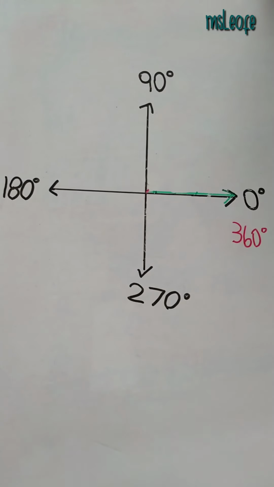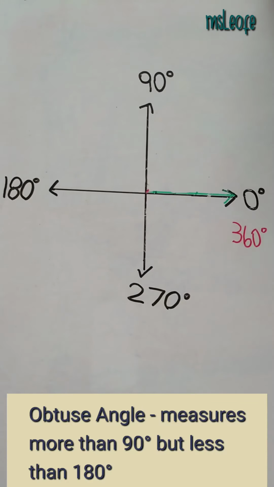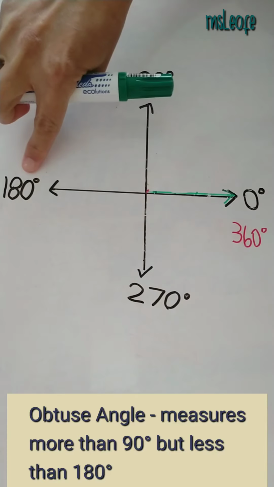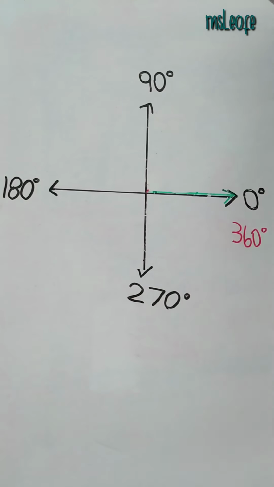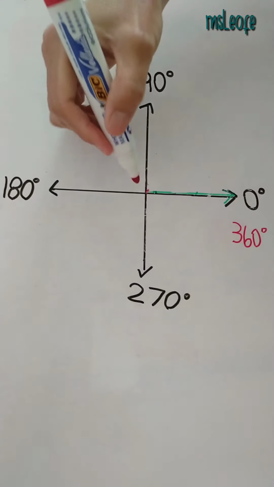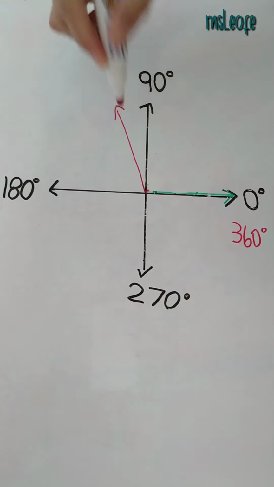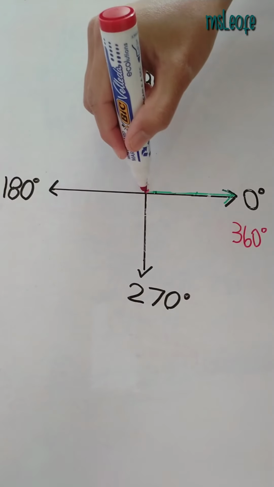The third type of angle is the obtuse angle. Obtuse angles have a measure of more than 90 degrees but less than 180 degrees. That would mean that we could have, for example, this angle or another angle here.